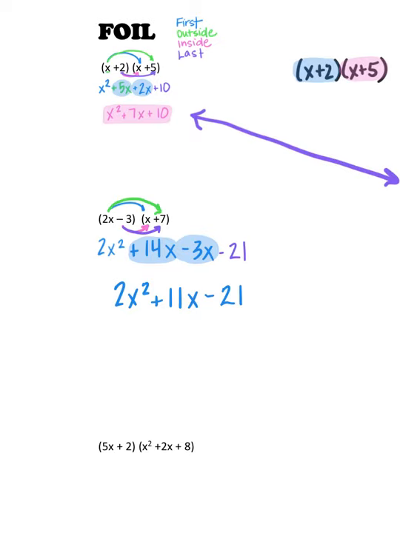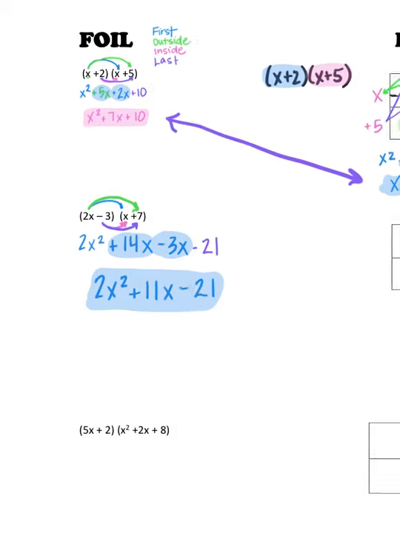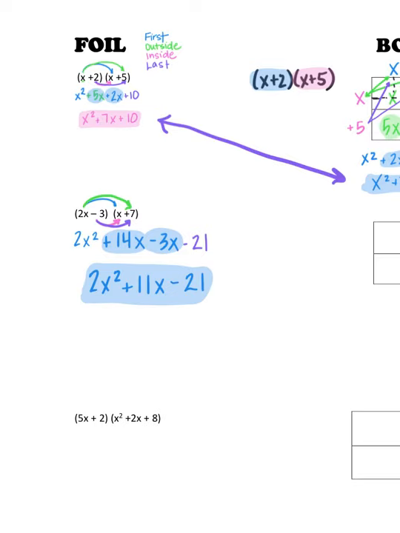And I can't combine anything else, and it is written in standard form with my highest exponent first. So there's that. Now let's go ahead and rewrite that. I have 2x minus 3, x plus 7.